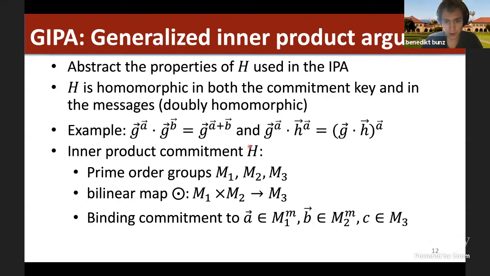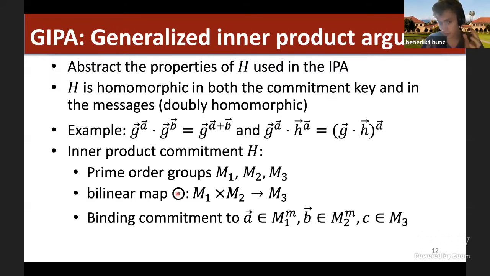So for an inner product commitment H, we have 3 prime order groups, M1, M2, M3, and we have some bilinear map between M1, M2, and M3. In the inner product argument, M1, M2, and M3 are actually the prime field, and the bilinear map is just the multiplication in that field.